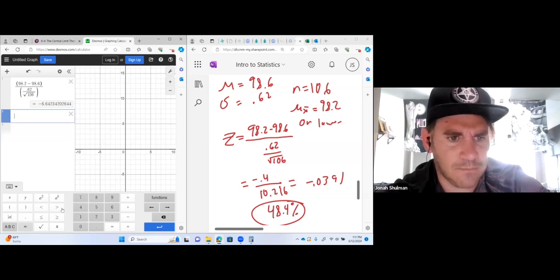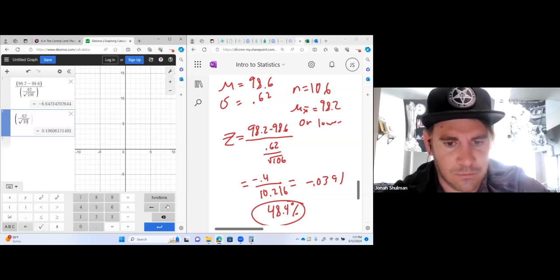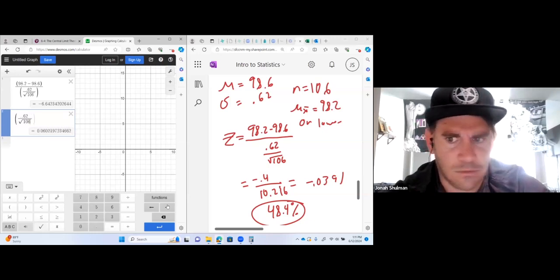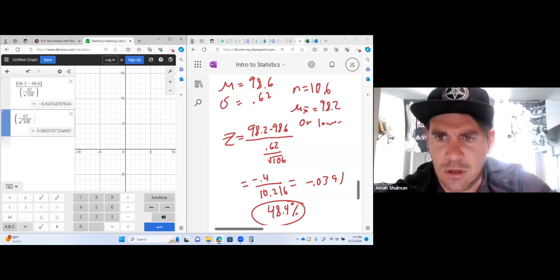Let's just do the bottom, which was parentheses 0.62 divided by the square root of 106. Yeah, I got 0.06 again.